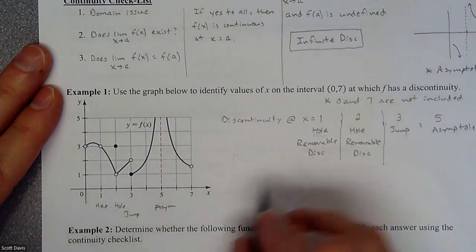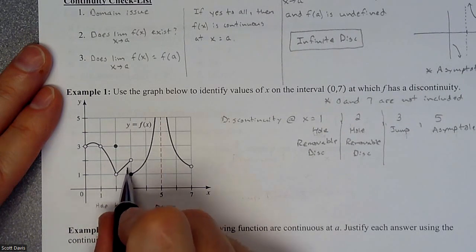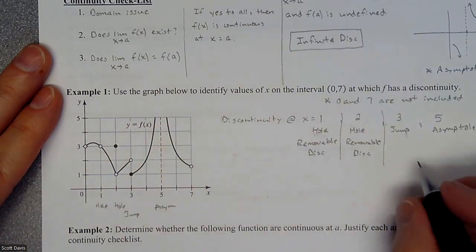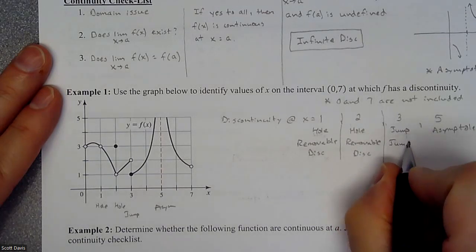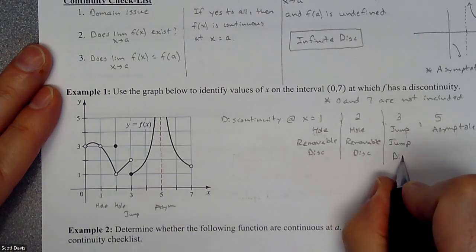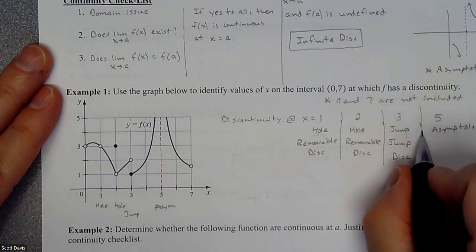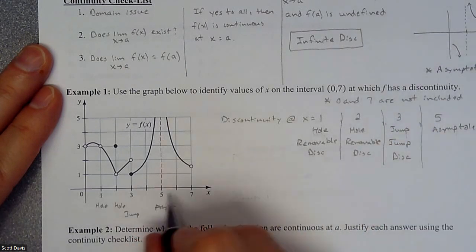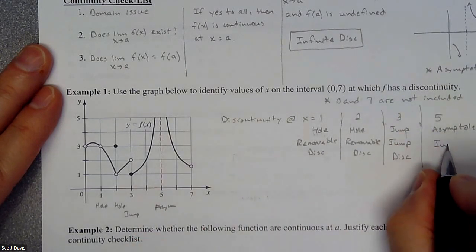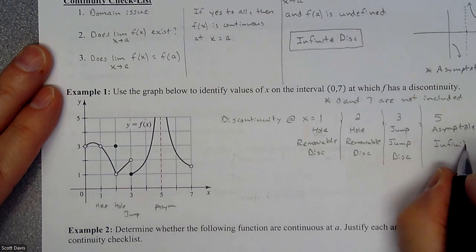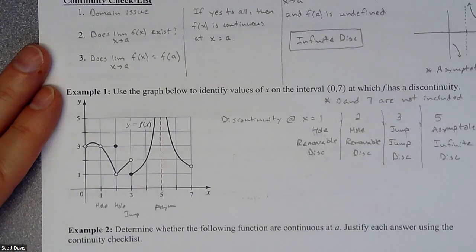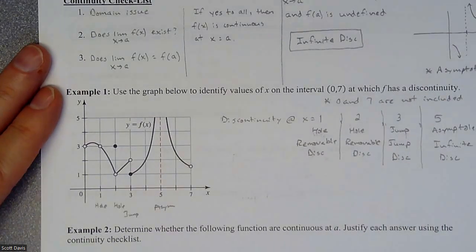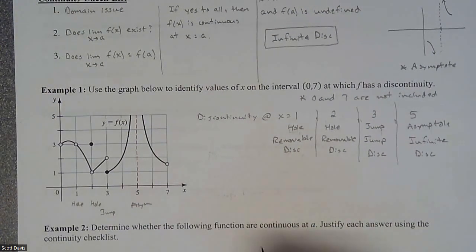Then the jump, a break in the graph potentially coming from a piecewise function, is known as jump discontinuity. And 5 is going to be infinite discontinuity. Just fancy names to define these pieces.